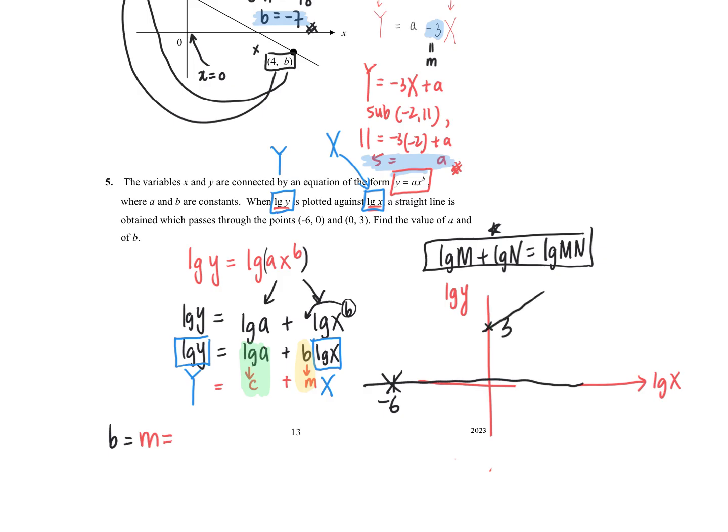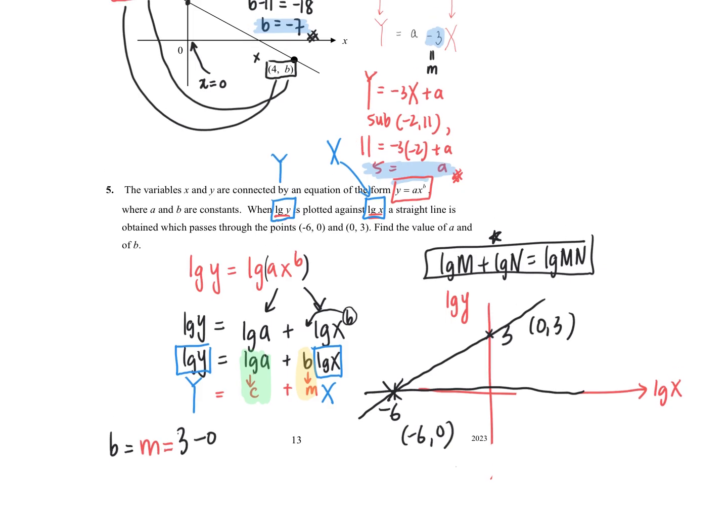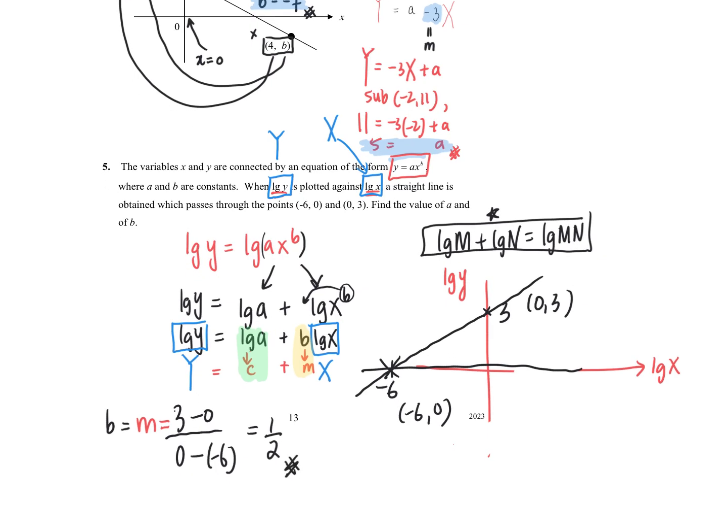So it's like this. So gradient will be 3 minus 0 over 0 minus 6. So 3 over 6 is a half. So this tells me that B is half. So I'm done with B.